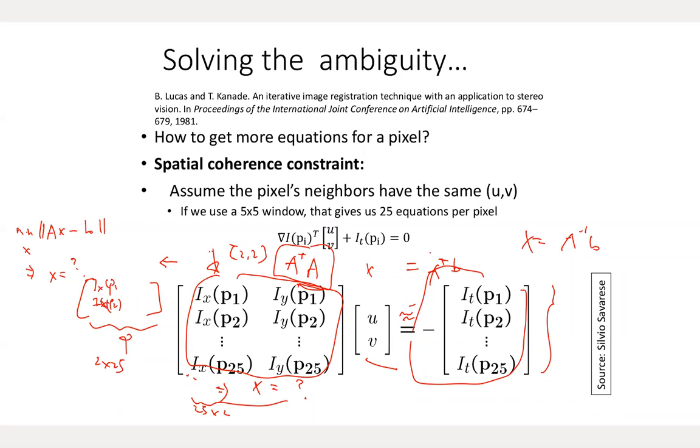So I can multiply by A transpose A inverse on both sides, and then X will be equal to A transpose A inverse A transpose B.